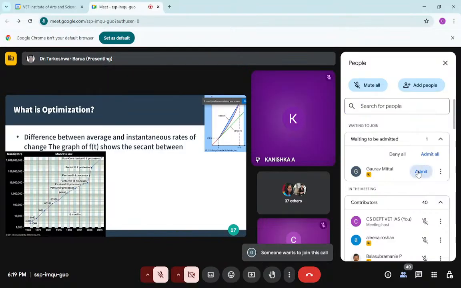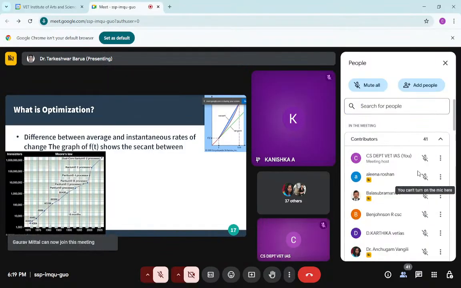You can see initially optimization is always there. In the 1970s, computers were very slow, and we tried to minimize the error and improve the speed at low cost.